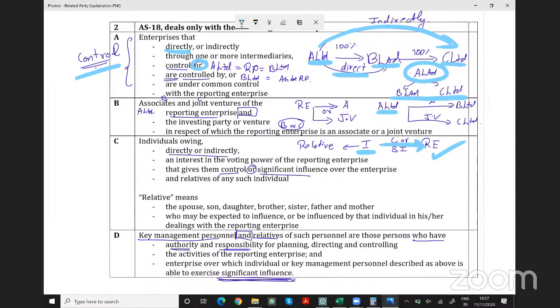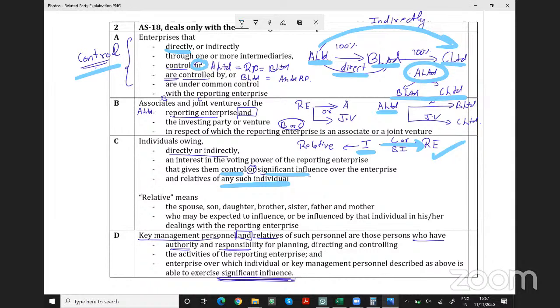Individual owning directly or indirectly an interest in the voting power of the reporting enterprise that gives him control or significant influence over the enterprise, and relatives of such individuals. Relative means spouse, son, daughter, brother, sister, father, and mother, who may be expected to influence or be influenced by that individual in his or her dealings with the reporting enterprise.